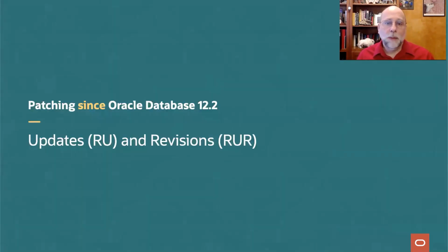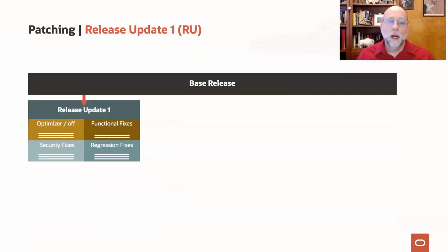Now, let's talk about what you're going to see when you go to 19. And that's terminology such as release updates and release update revisions. The release update is the fundamental patch bundle that we release each quarter for 12.2, 18, 19, and beyond.